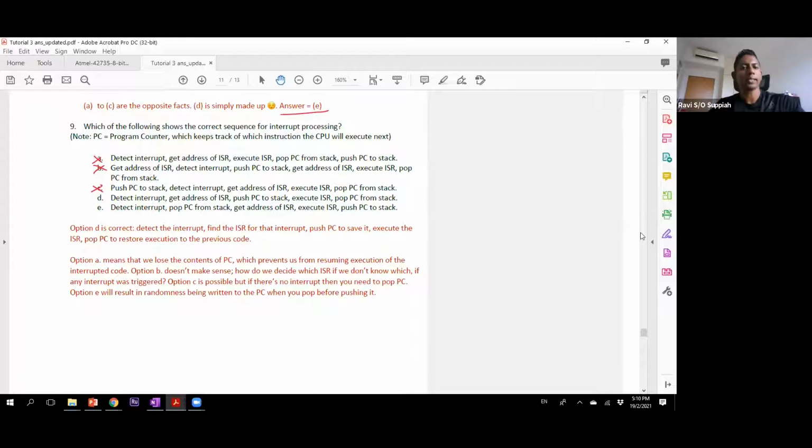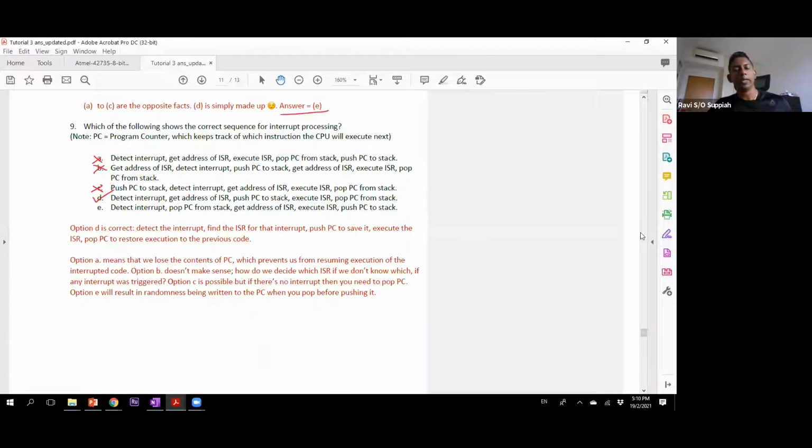Detect interrupt, get the address of ISR, then push PC on the stack, execute ISR, and pop PC from the stack is correct. Why? Because the first step is always to detect the interrupt. Detecting the interrupt means you have already configured the registers accordingly. For each peripheral block, timer, UART, GPIO, there is some interrupt enable bit somewhere.